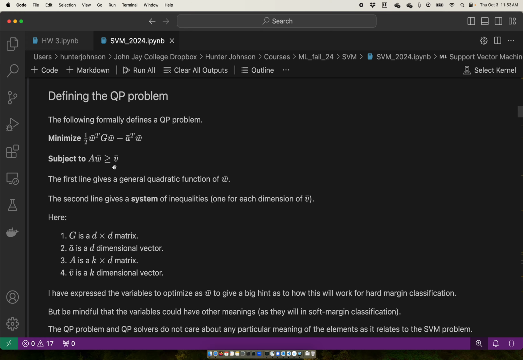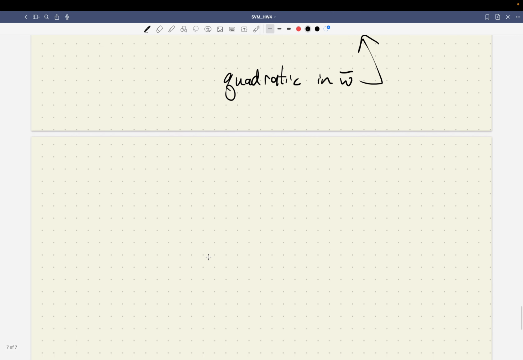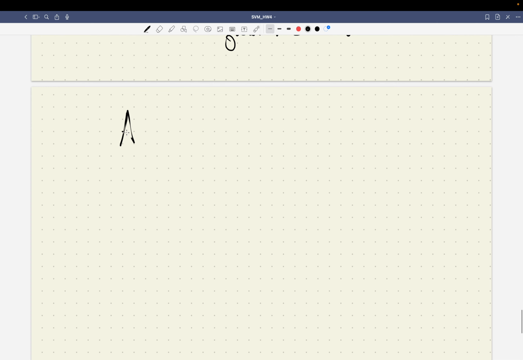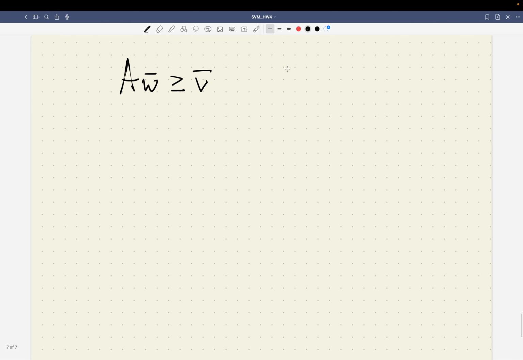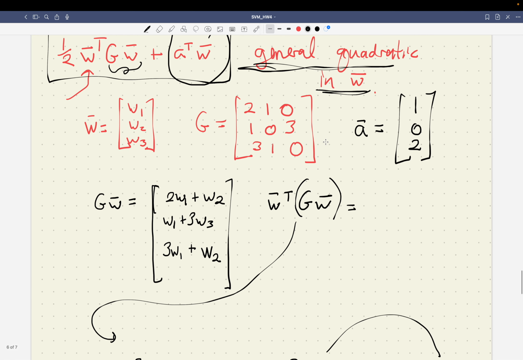A times W is greater than or equal to V. So let's make this concrete as well. Let's say that W is equal to the same thing as before. What did we say that it was?